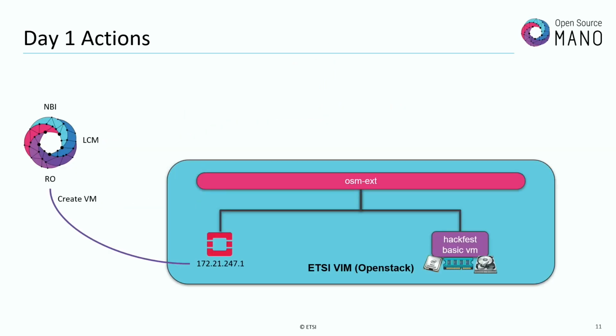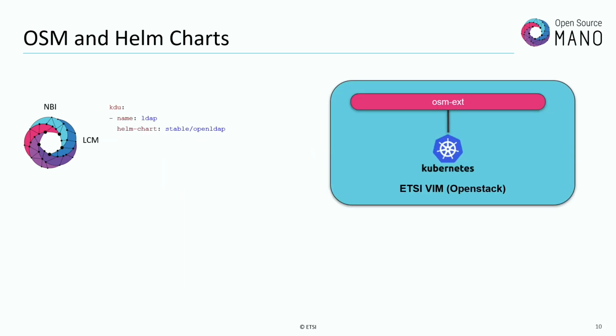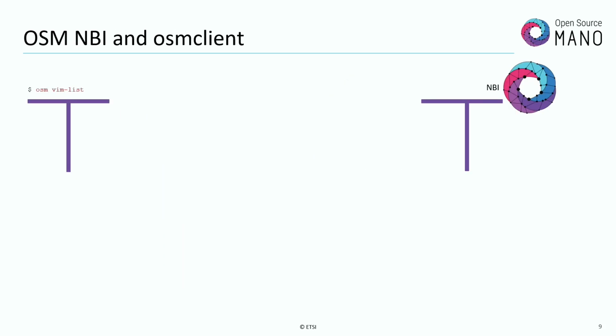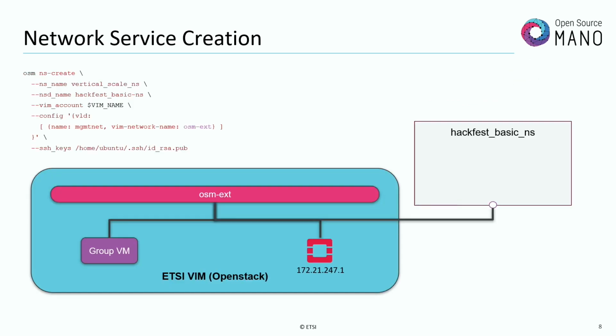And I'm going to go all the way back to this one here. This is what I forgot to mention. Remember I said that I was going to have a network? I called it Management Net. At instantiation time, I am augmenting the network service descriptor.